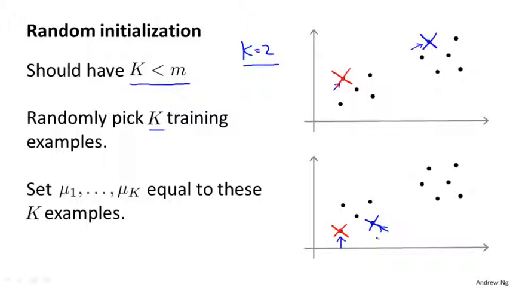So that's how you can randomly initialize the cluster centroids. And so at initialization, your first cluster centroid, mu1, will be equal to x^i for some randomly chosen value of i, and mu2 will be equal to x^j for some different randomly chosen value of j, and so on if you have more clusters and more cluster centroids.